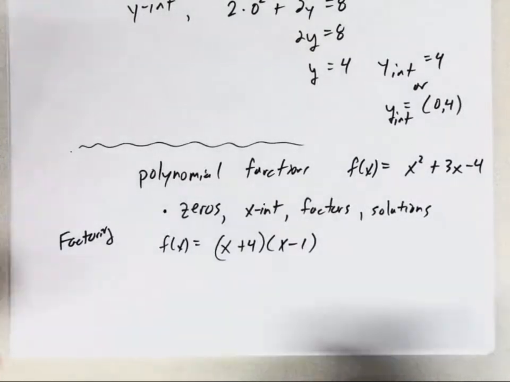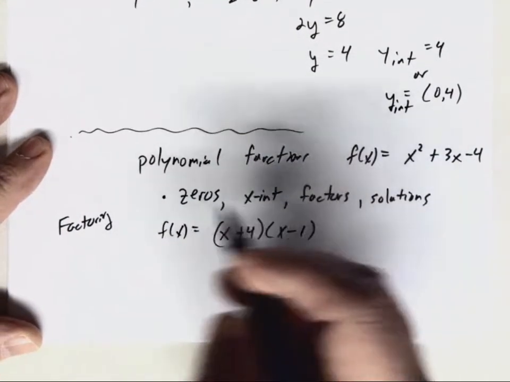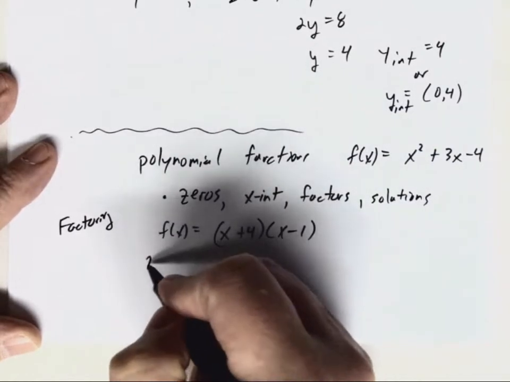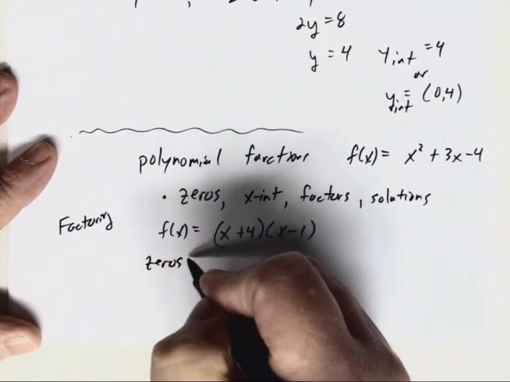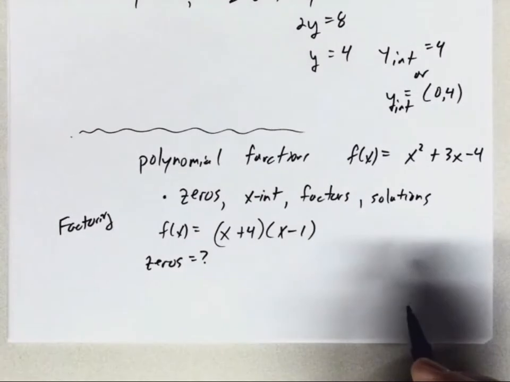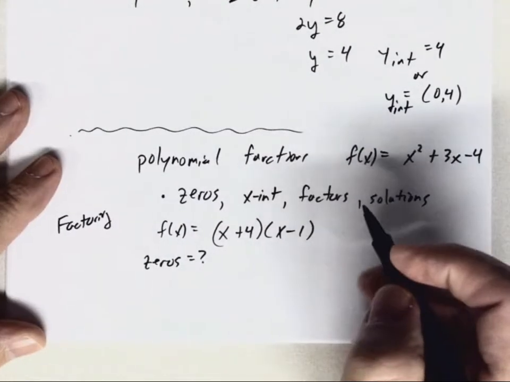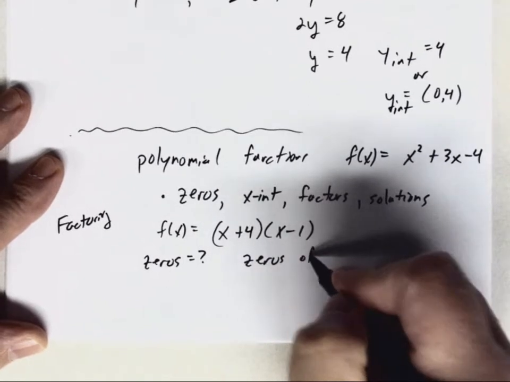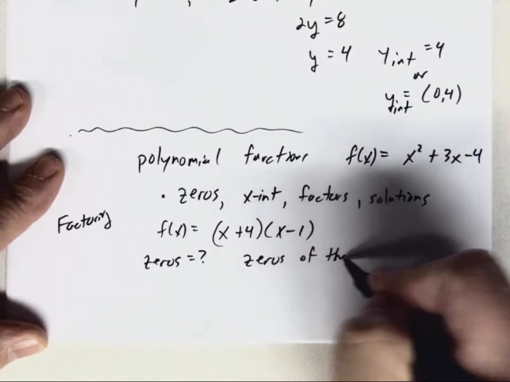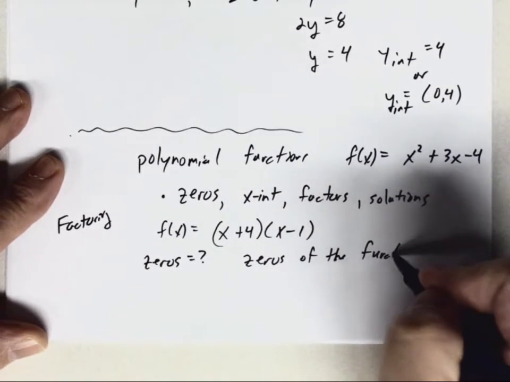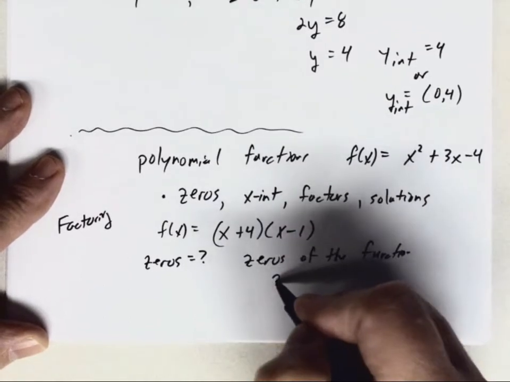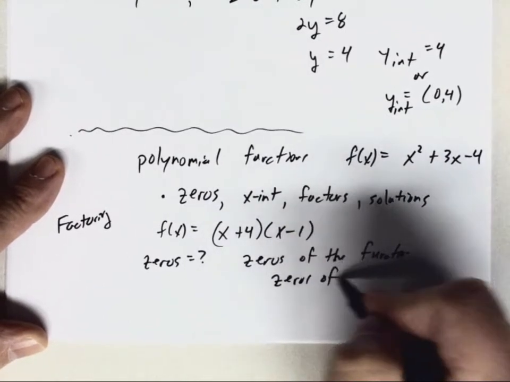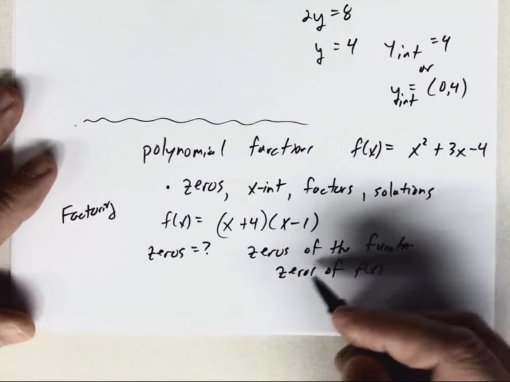Now first, looking at this now, they say the zeros. Another way to write it is the zeros of the function. Sometimes they may say the zeros of f of x.